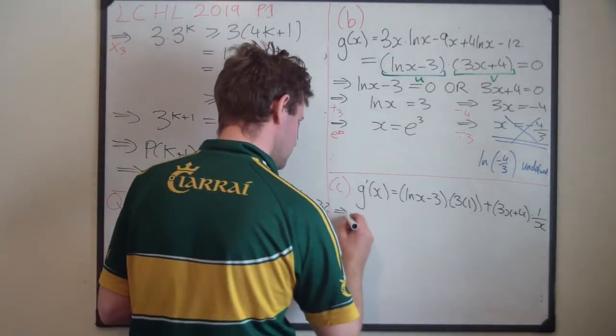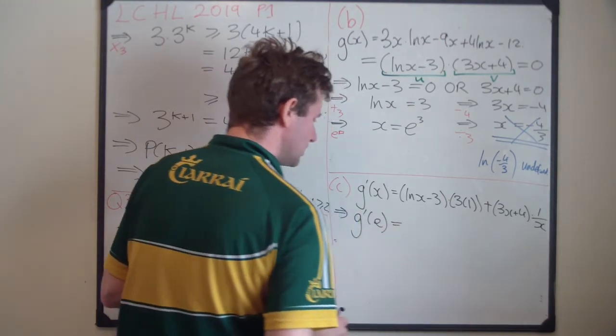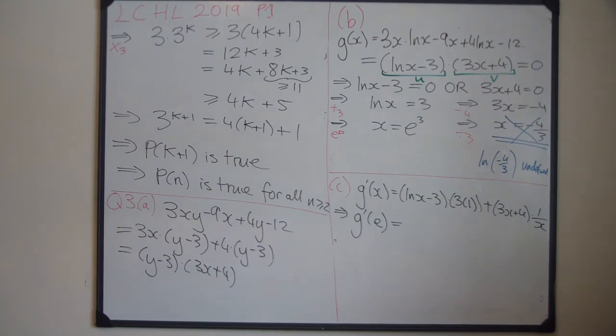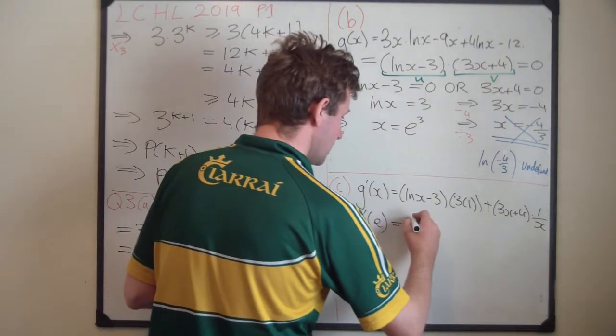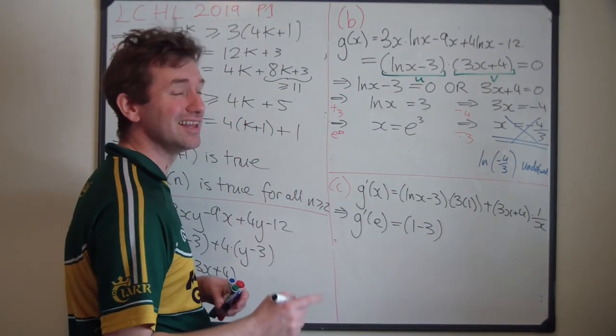Now we can evaluate this at e. This may or may not be easier, I don't know. You should know, and of course your calculator can tell you, that log and exponentials are inverse. What that means is ln of e is ln of e to the 1, and the log undoes the exponential, so ln of e is 1.